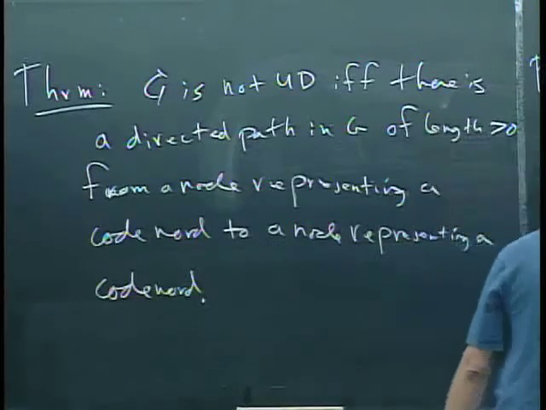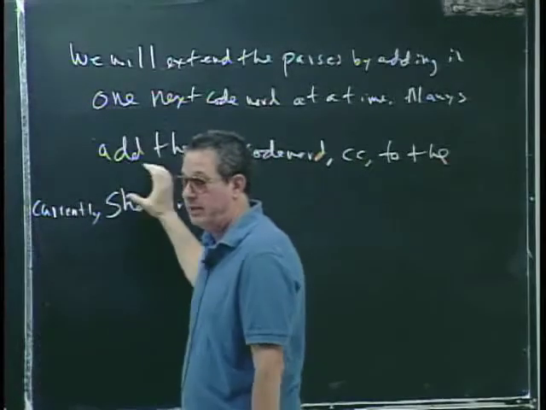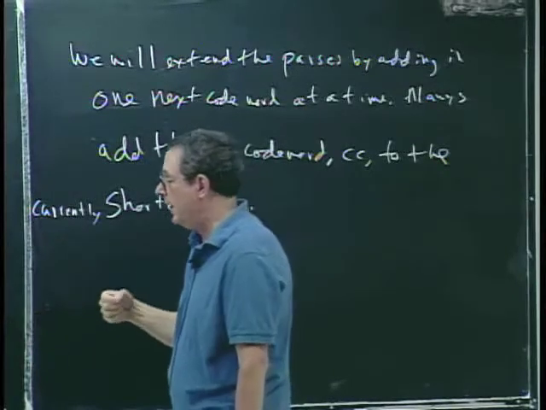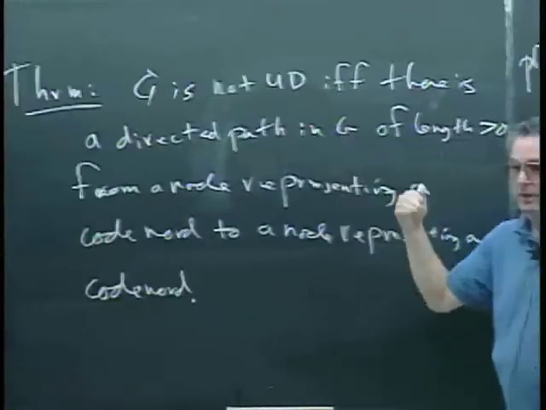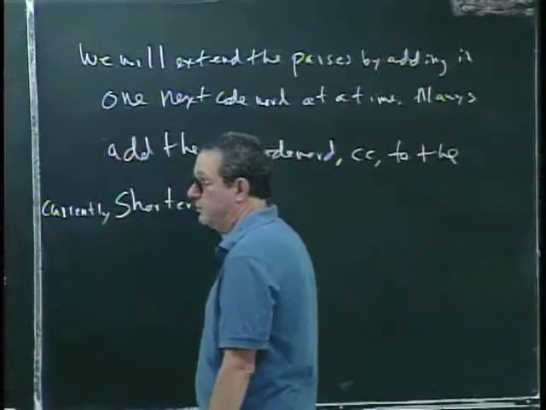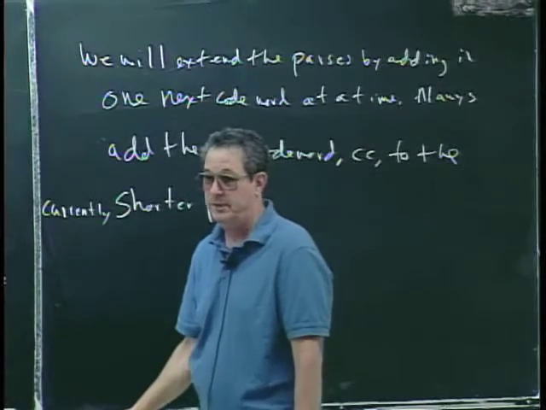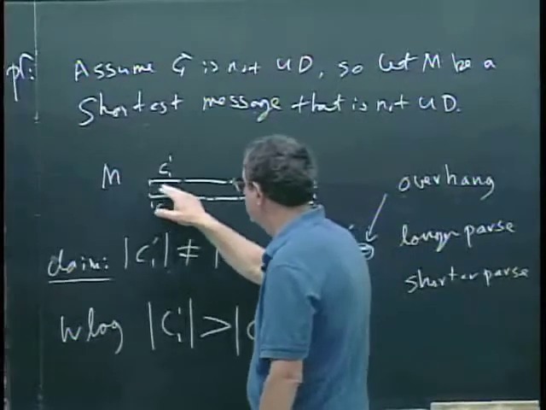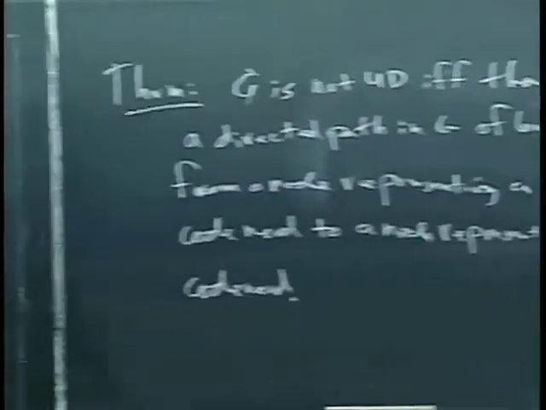So as we're adding in these code words to the parses, I want to show that there's an additional edge that gets added into a path that starts at a code word, and that when we ultimately get to the end of M in this construction, we will have also found the path that we were looking for. Okay? So let's just look at the very first step here. The first step is going to be the following.